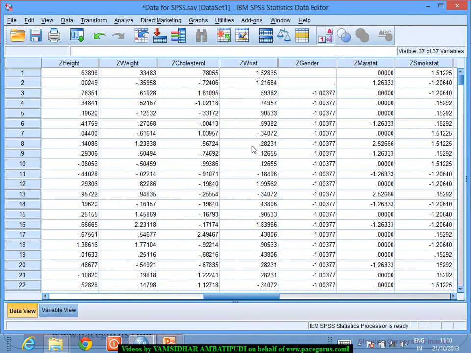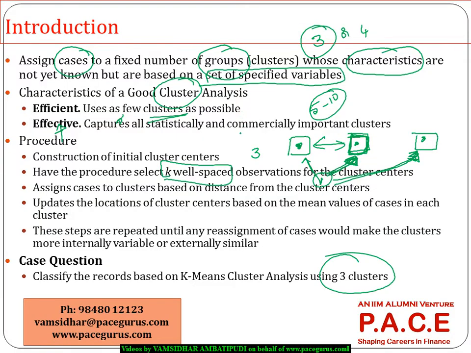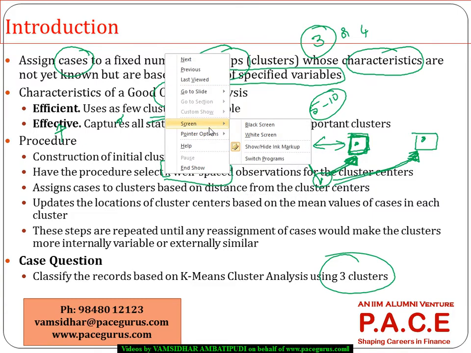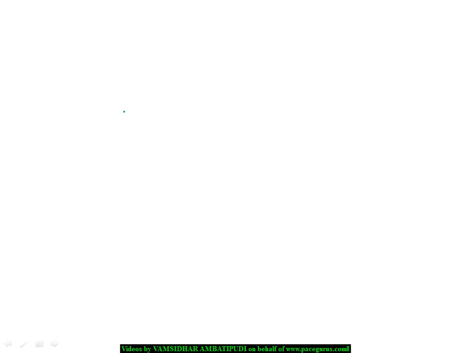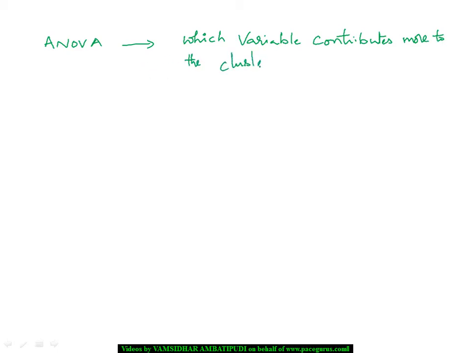So if I write it, in case of the ANOVA table, it will tell me which variable contributes more to the cluster solution. This is what you should analyze from the ANOVA table.